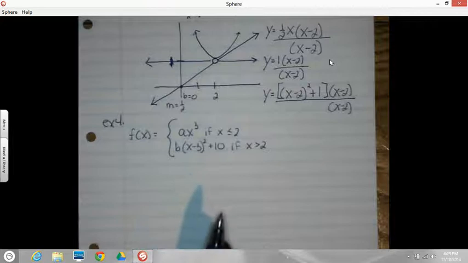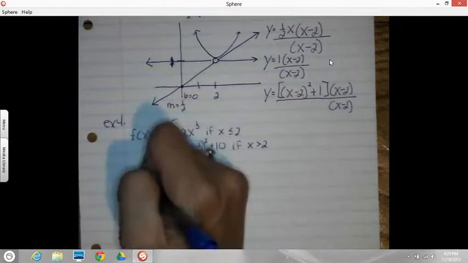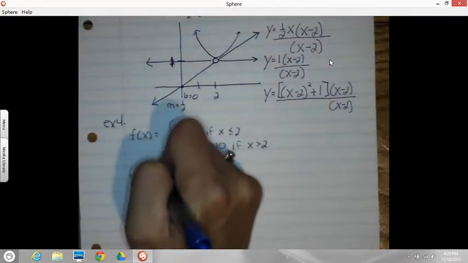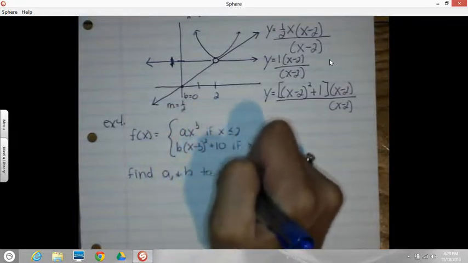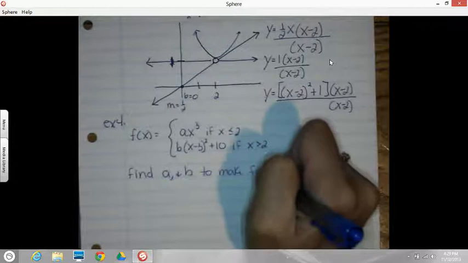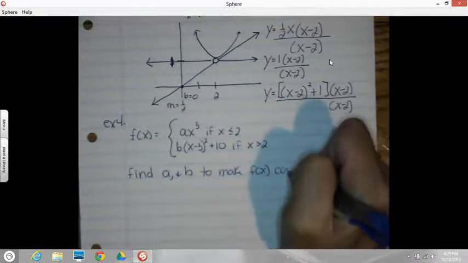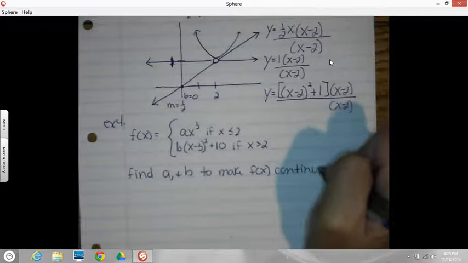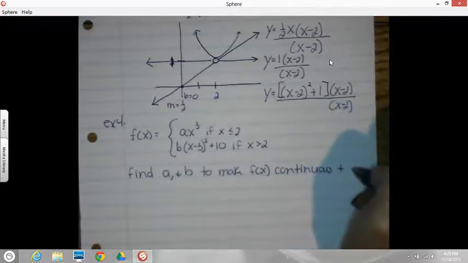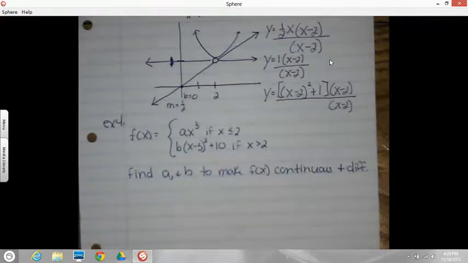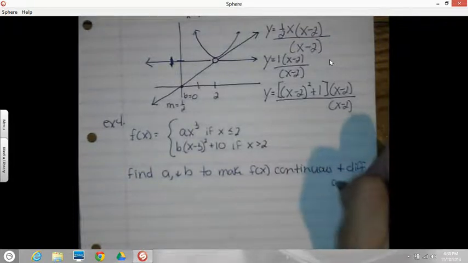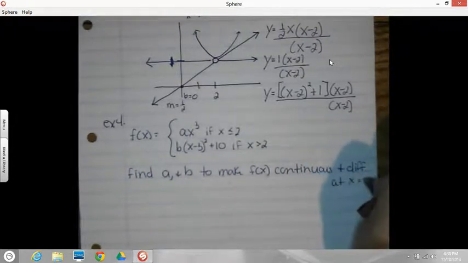I think: find values for a and b to make f of x continuous and differentiable at the break in the domain, at x equals 2.